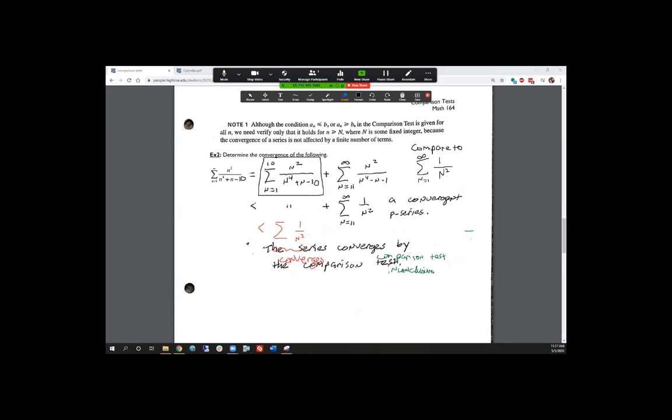And we will separate from that the place where the n wins. So notice that from 11 on and on out, the n will be bigger than the minus 10. Since the n is bigger, that means the denominator is larger, which means that the whole fraction will be smaller than 1 over n squared.